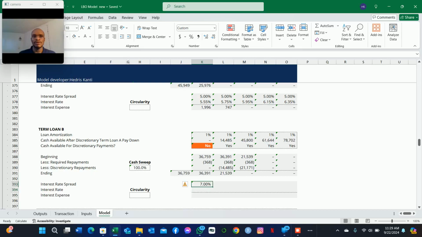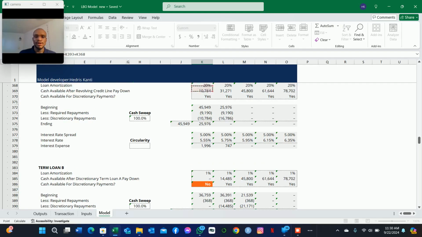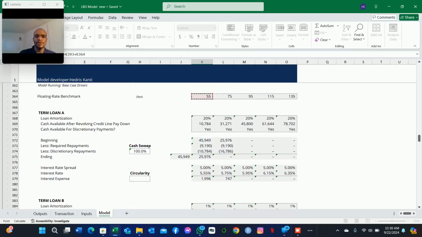So these lenders will be comfortable at this base rate plus a margin plus a swap rate of approximately 7%. So we can take this base rate and then we have to add the floating rate benchmark, which in this case could be the swap rate.